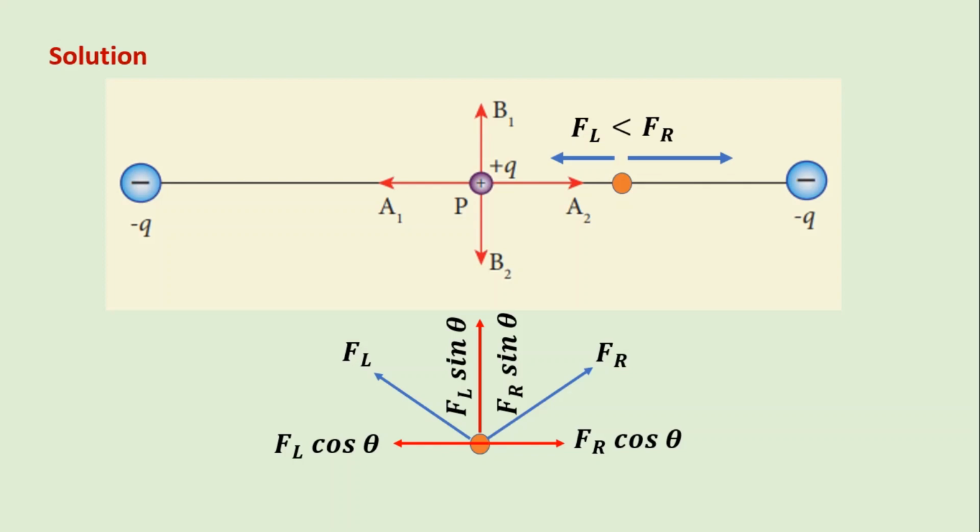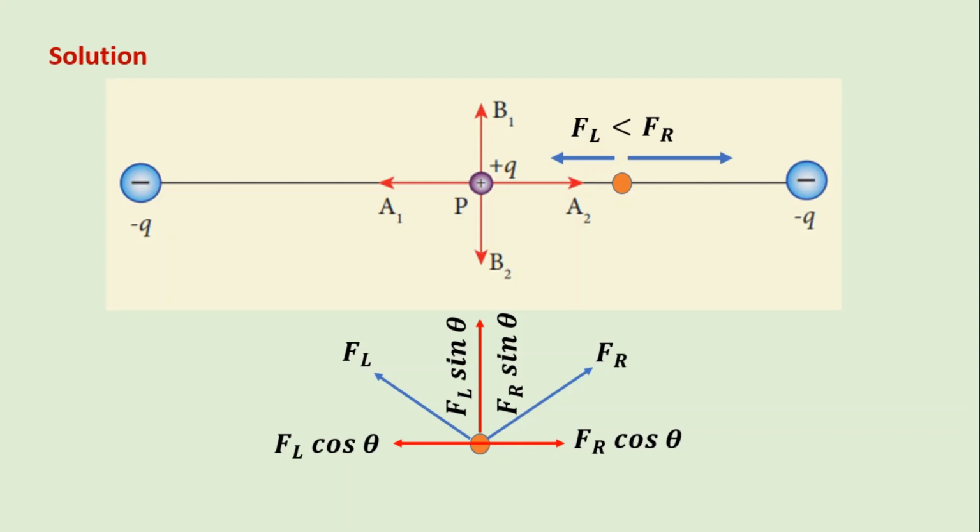Fl sin theta and Fr sin theta are of the same magnitude and same direction, and take this plus q charge towards the point P. So if you displace the plus q in the direction of B2, the resultant force, or the restoring force, acting on plus q takes the plus q back to the point P. So the plus q is in stable equilibrium.